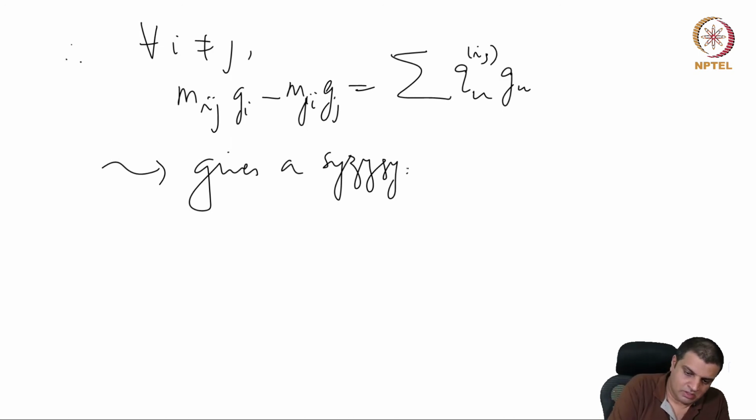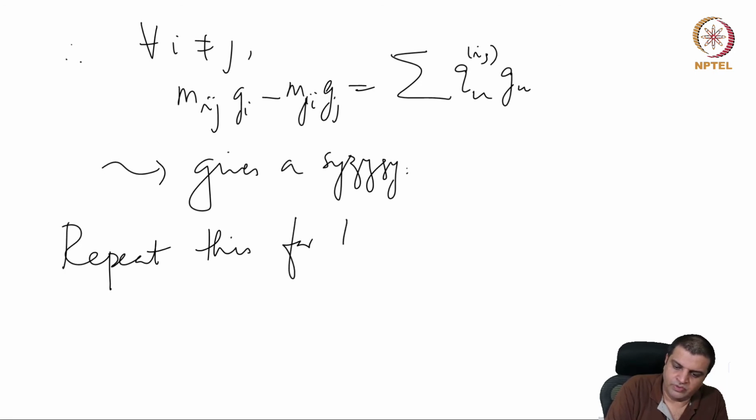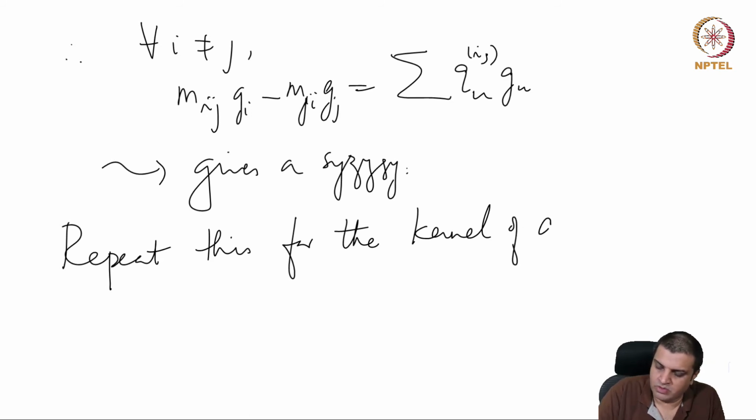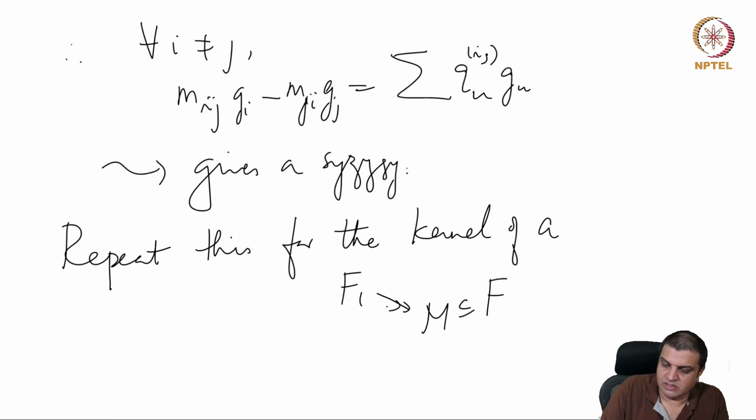So now, repeat this for the kernel of... So remember, M is inside F. Some F1 surjects onto this, because we can choose a Gröbner basis like this, and then we'll get a surjective map, and then we repeat this for the kernel of this map.